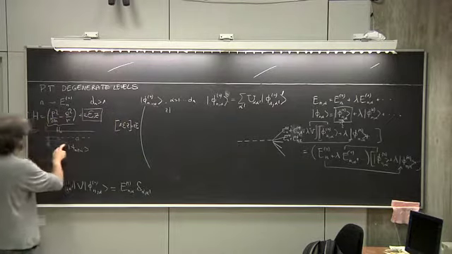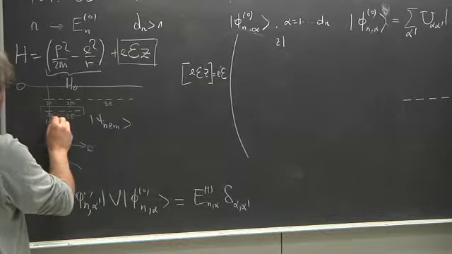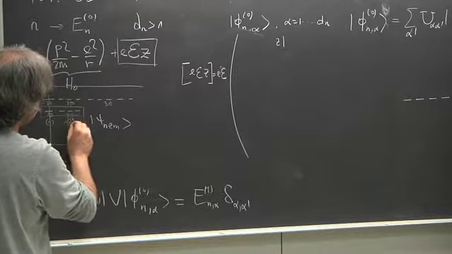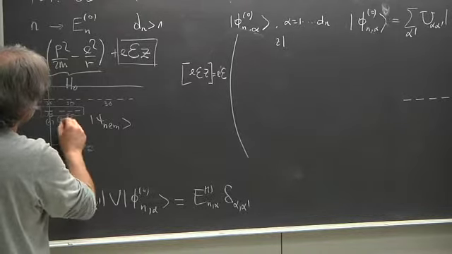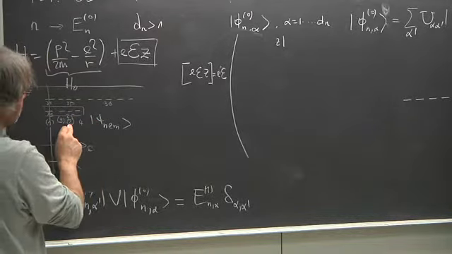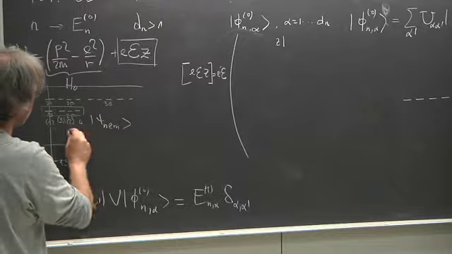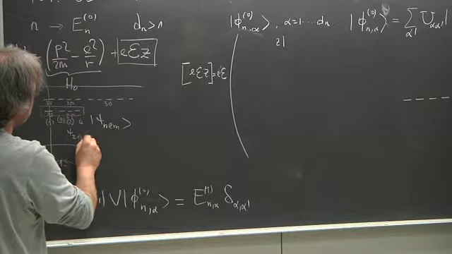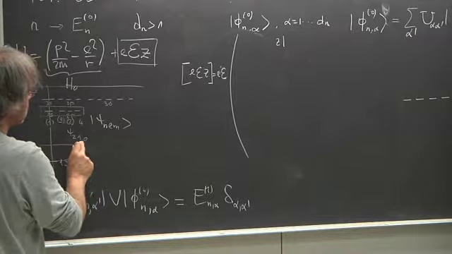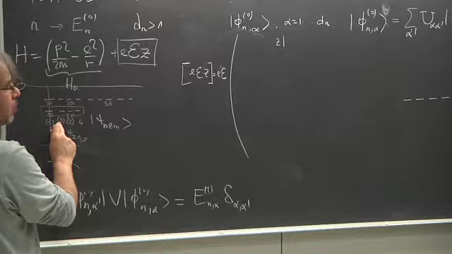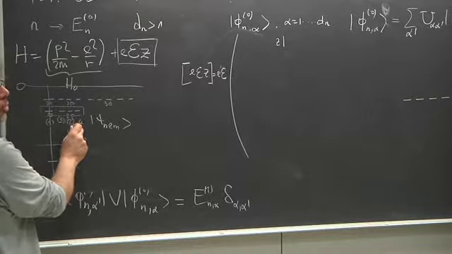I order the states in this way. This is state number 1, number 2, number 3, and number 4. Number 1 is the 2s. Number 2 is the state psi 2, 1, 0, so it has m equals 0, the center one. Then 3 is the plus 1, and 4 is the minus 1.